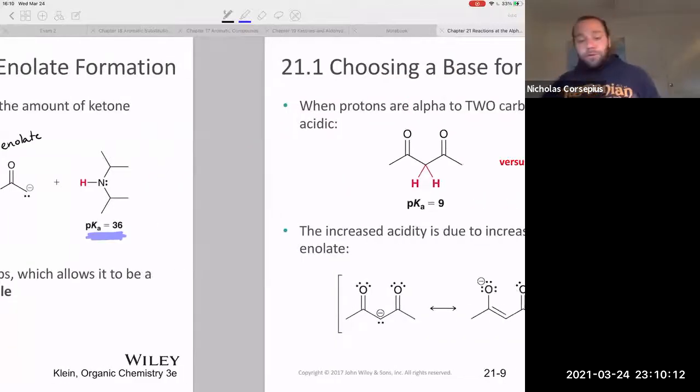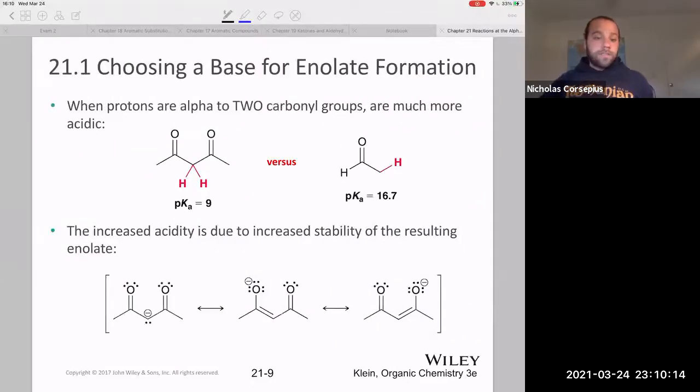Okay. If you're using one of those 1,3-dioxos, because those pKa's are so significantly low, you don't have to use quite as strong of a base, right? So we could use an alkoxide in this case. Why are those hydrogens so much more acidic? Well, remember that what makes a good acid is a stable conjugate base.